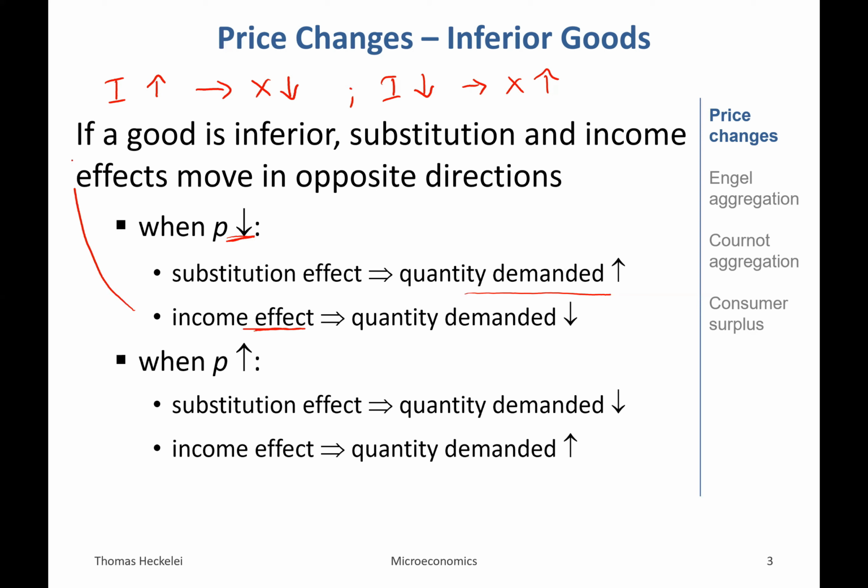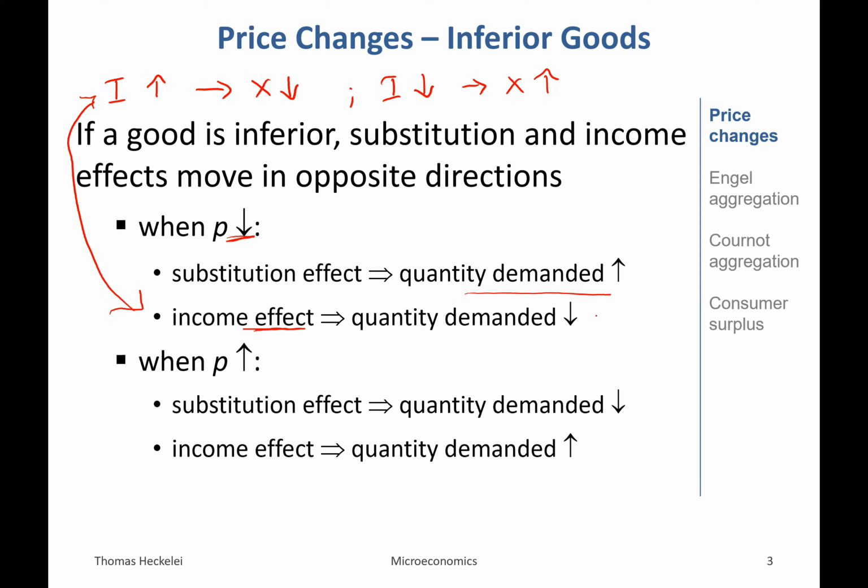Consistent with this definition, the income effect of the price decrease implies that your real income, or your purchasing power, increases. And because of that, the quantity demanded decreases. So the substitution and income effects move in contradicting, opposite directions for inferior goods.